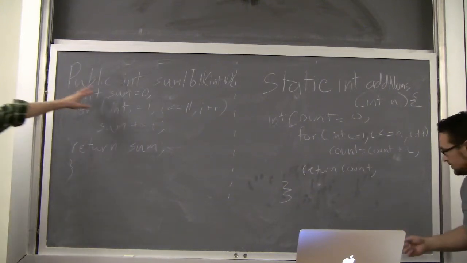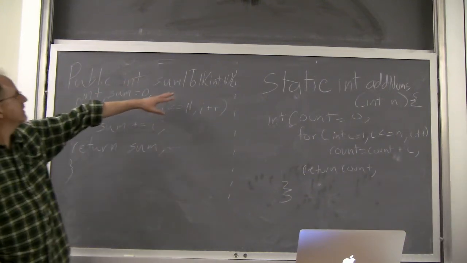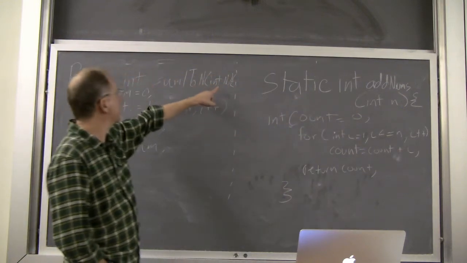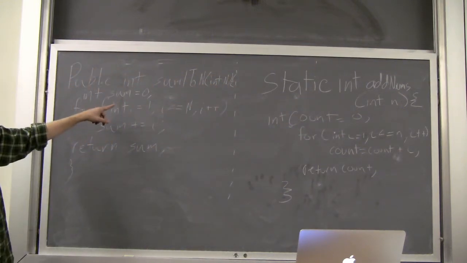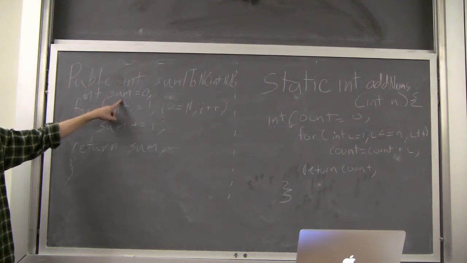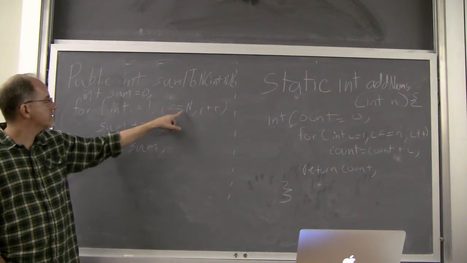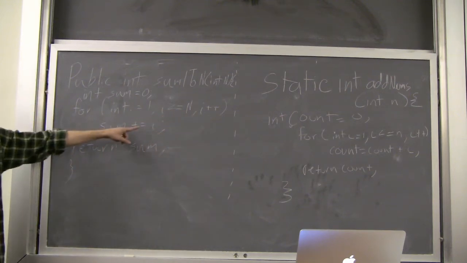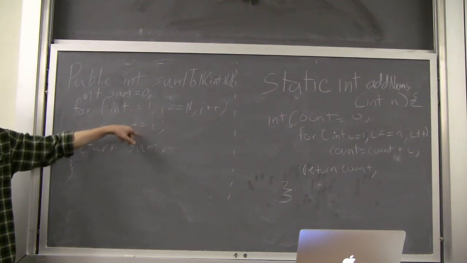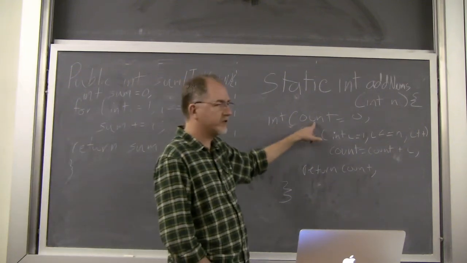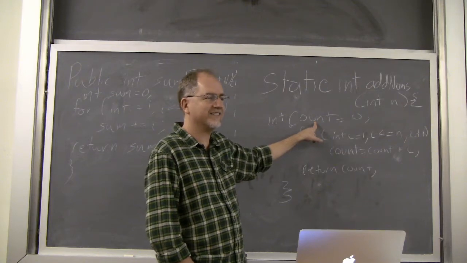So we have a static method, sum 1 to n, add numbers, both of them taking an n parameter. We have some kind of accumulation build, right? Sum. We go in a loop from 1 to n and add that variable 1, 2, 3, 4, 5 to the sum and return the sum. I take some issue with the variable name count here because it's not really counting, right?